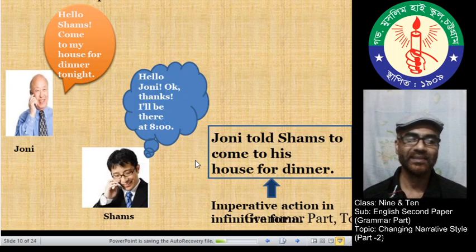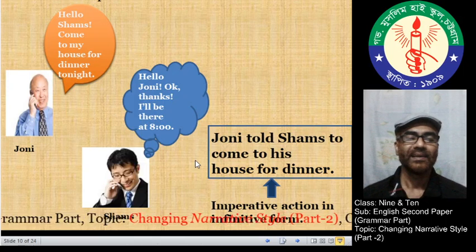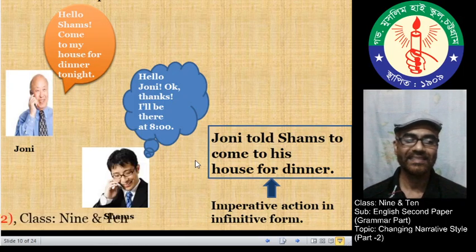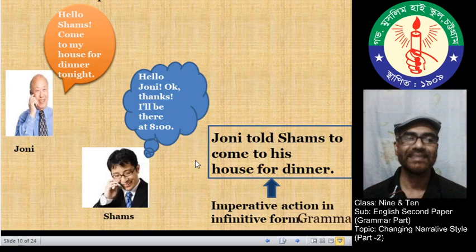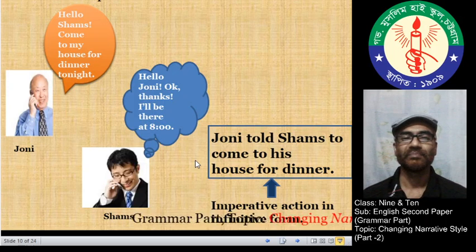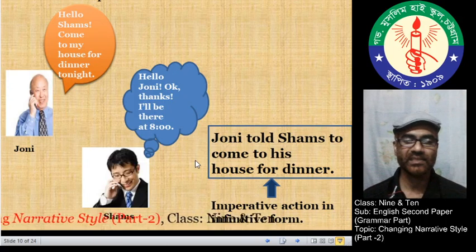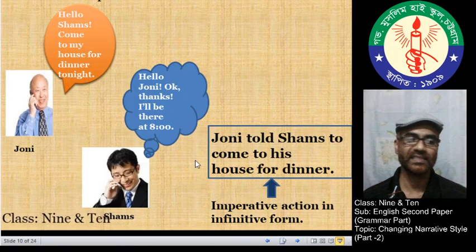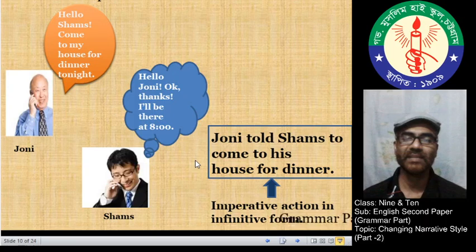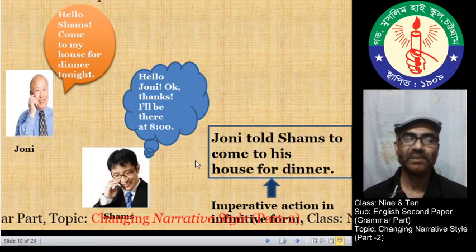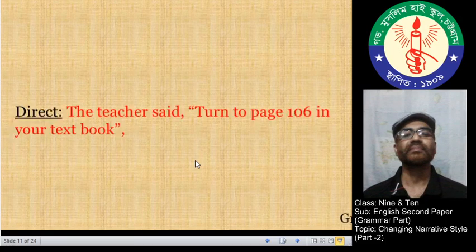Okay, thanks. I'll be there at 8. What Johnny says to Shams is reported in indirect speech. Johnny told Shams to come to his house for dinner. Imperative action in infinitive form, to come or to go.